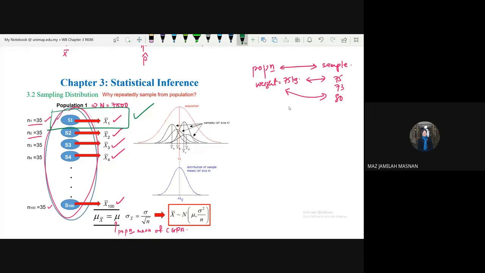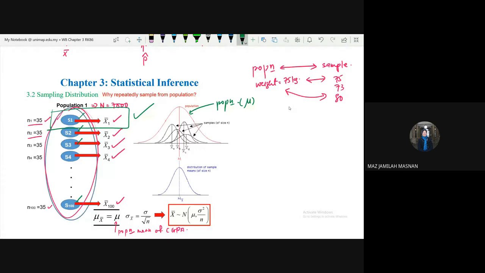If I were to present that in terms of the distribution of sample 1, sample 2, sample 3, until my 100th sample, you can imagine this way. Imagine the big distribution here is for your population, the mean CGPA of the 7,000 students of UNIMAP.